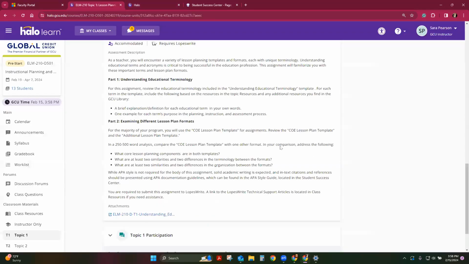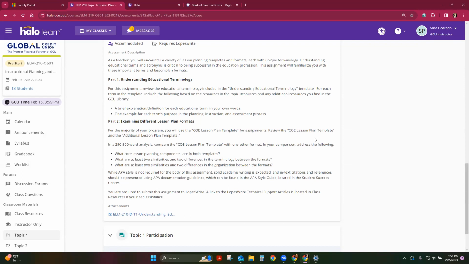For part 2 of the assignment, you're going to examine 2 different lesson plan formats. You need to use the ones found within our Student Success Center, the GCU templates. You're going to look at the 2 templates and explain, compare, and contrast them.